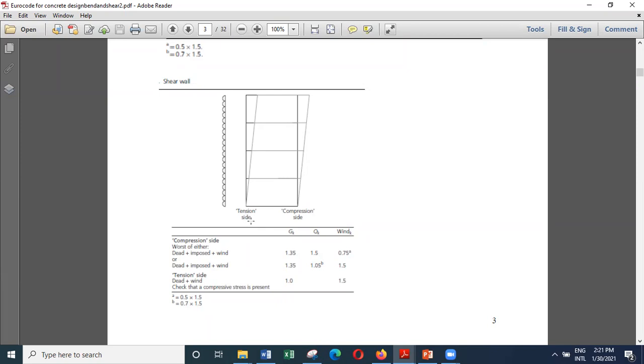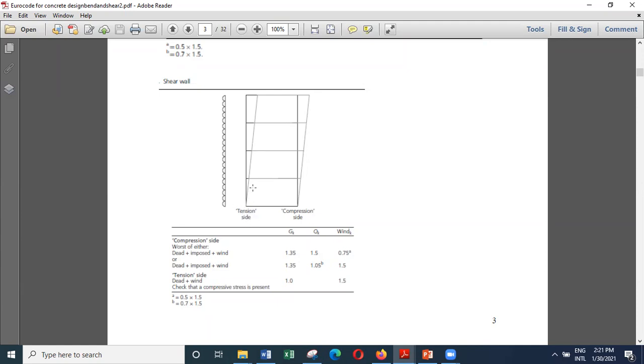And transferring tension to the foundation may not be desirable, because when you transfer tension, the foundation might not transfer any load to the soil. So if the tension is high enough, then you might find that the foundation is now not transferring any load to the soil. So we always like to have no tension here.